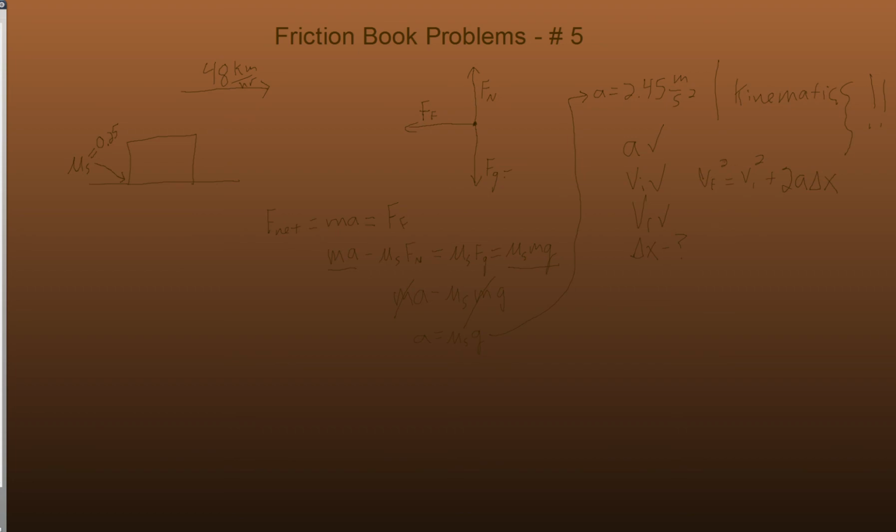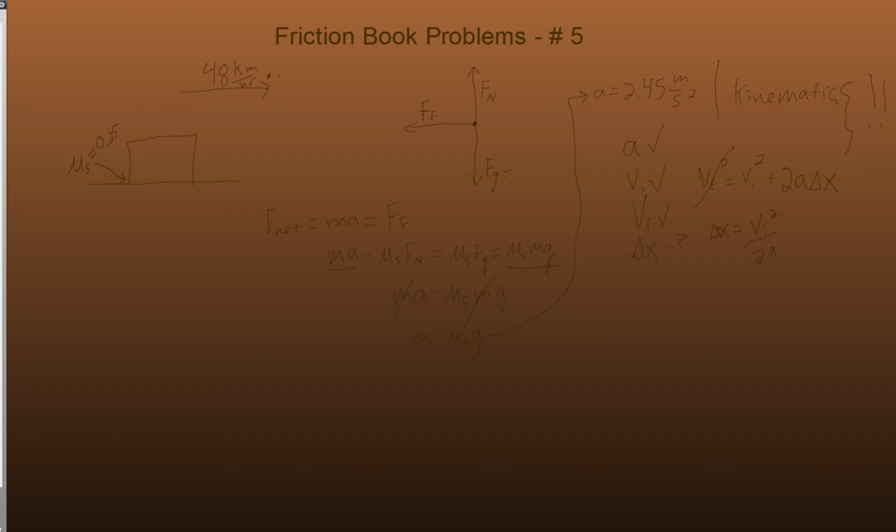v final is 0, so we got delta x equals v initial squared over 2a. Look at the units for a, meters, seconds. Look at the units for velocity. I hate when they do that. That's what you're thinking, right?